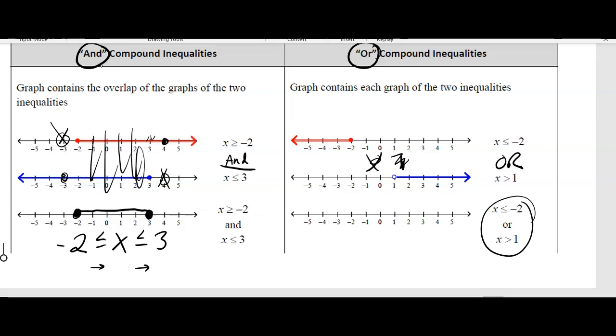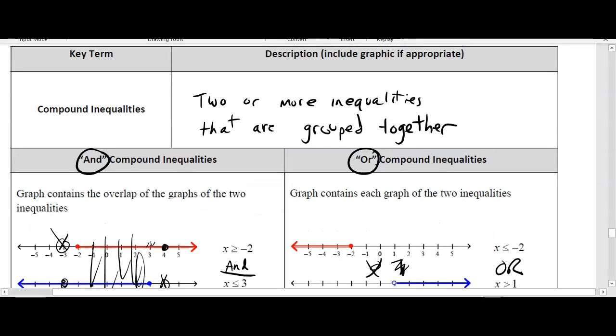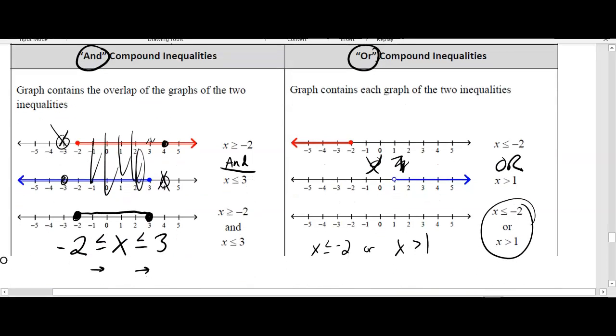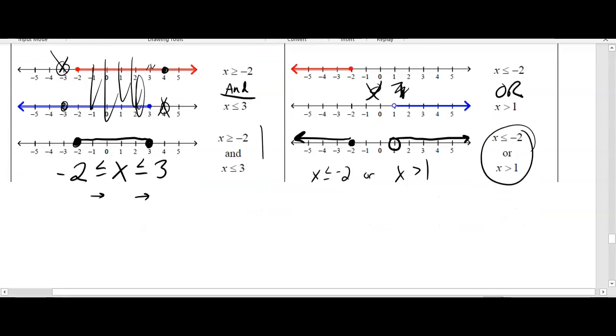You just do x is less than or equal to -2, or x is greater than 1. So what's that look like when we graph it? Well, you just merge them together. Less than or equal to -2, greater than with an open circle for 1.